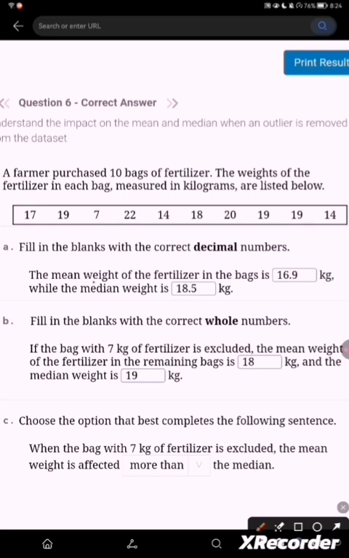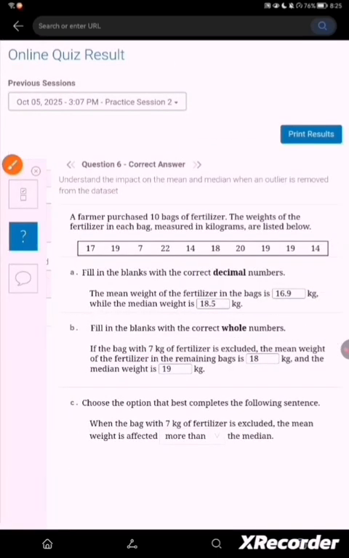Now, if you do the same thing, but with the median, so median weight is 18.5, your median weight is 19, just do 19 minus 18.5, you get 0.5. So the difference of excluding 7 kg was only 0.5 kg for your median. Okay? What does that mean? That means that your mean was affected more.